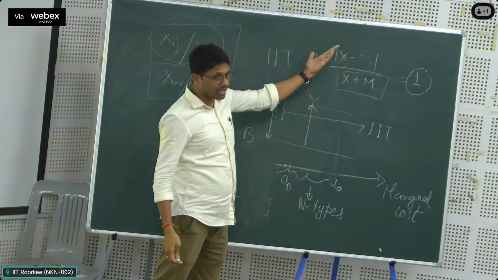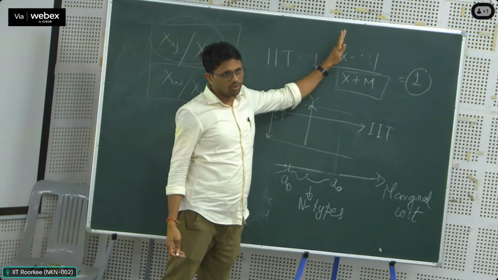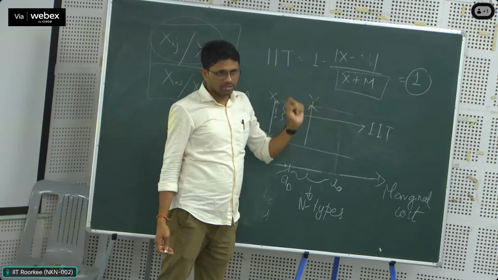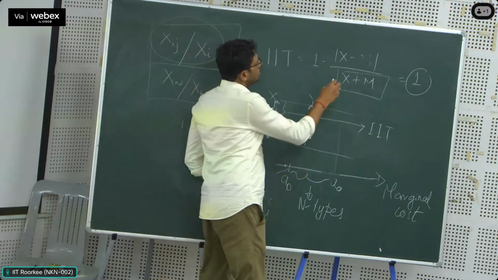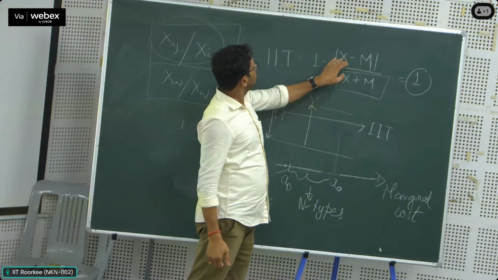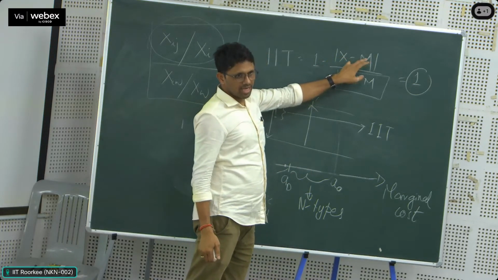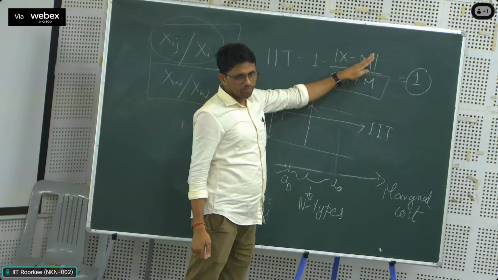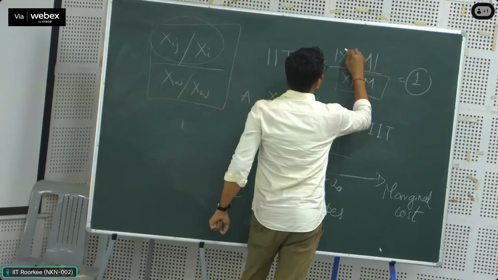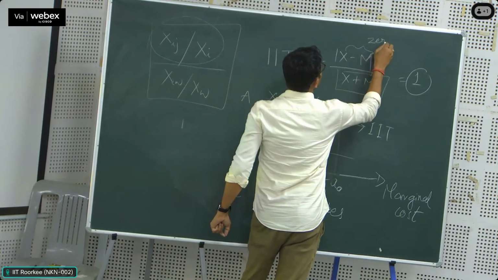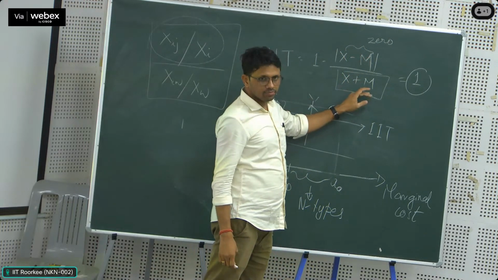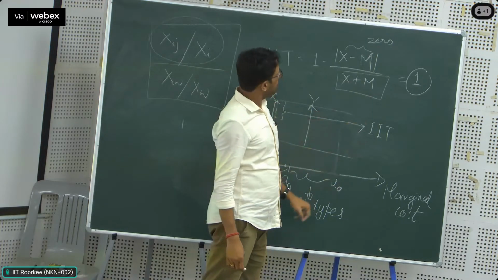If it is 100% export but no import in that segment, then the IIT value is equal to 1. When it's the reverse, the same amount is exported and the same amount is imported in the same sector or industry, that means this side will get a value 0, isn't it? So 1 minus 0 is 1.